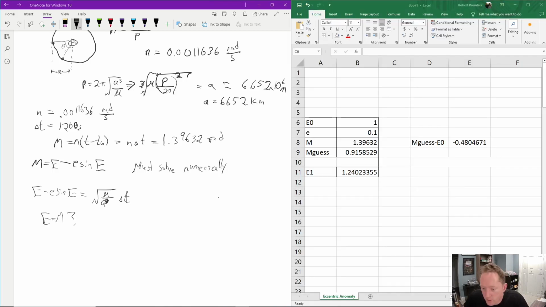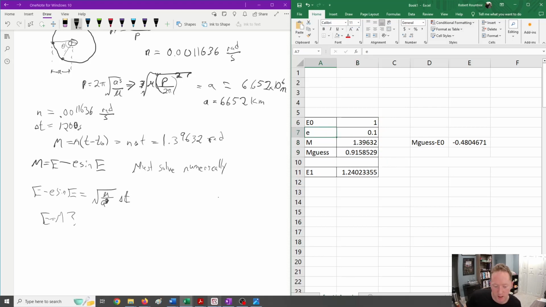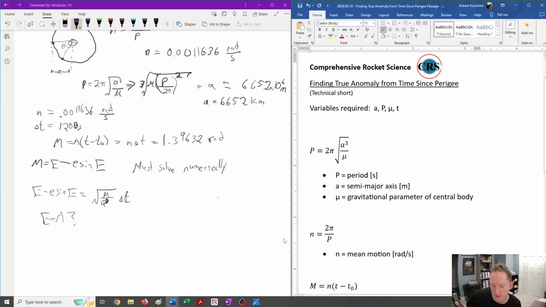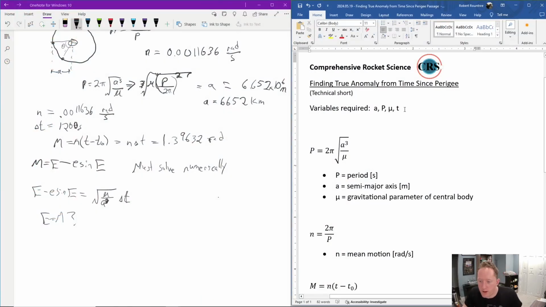All right, so we've got Excel open here. You can see that I've got a couple eccentric anomalies, which I'll explain, a couple mean anomalies, and an eccentricity. One thing I forgot to bring up was that another thing you actually need for this is your eccentricity. Obviously, if you don't have eccentricity, you're not going to be able to find M without it.